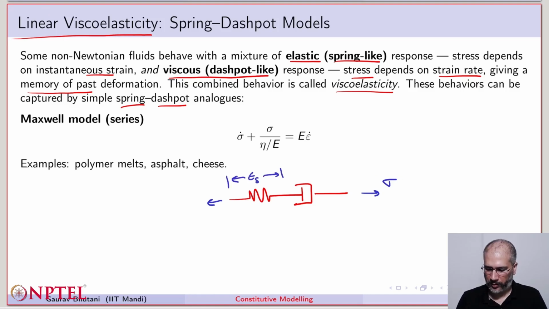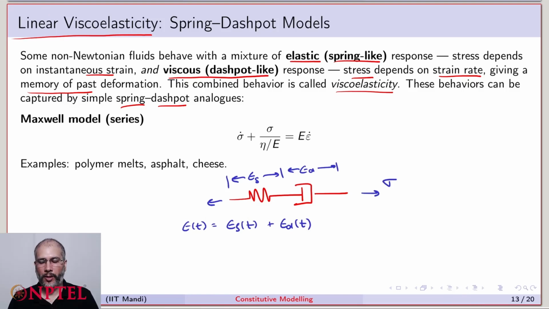So there's a strain in the spring and there's a strain in the Dashpot, and the overall strain is a sum of epsilon s and epsilon d. Using the model of a spring, we can say that sigma is E times epsilon s, and for the model of a Dashpot, sigma is eta times epsilon d dot.